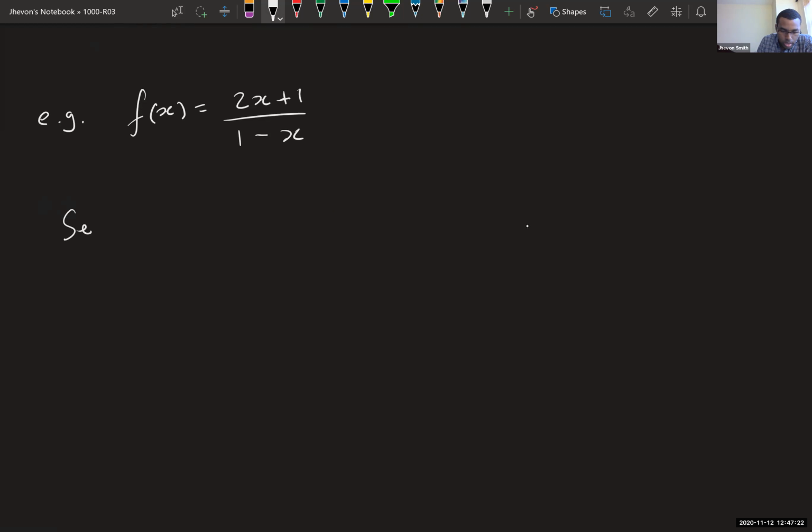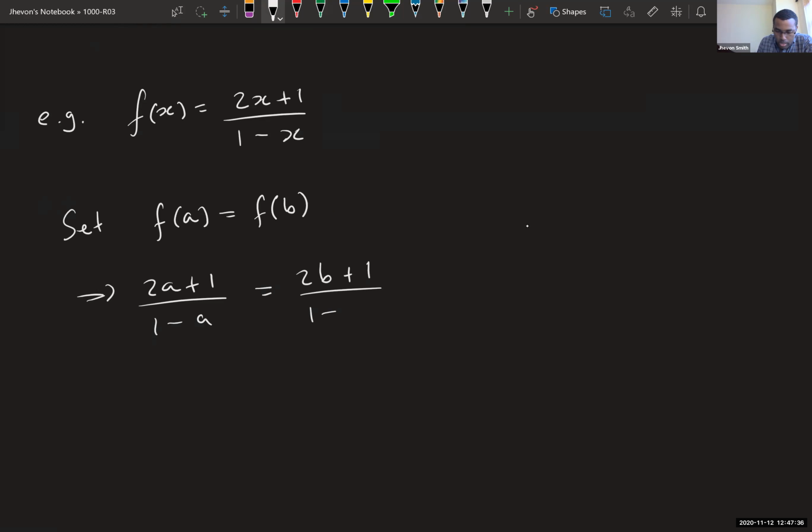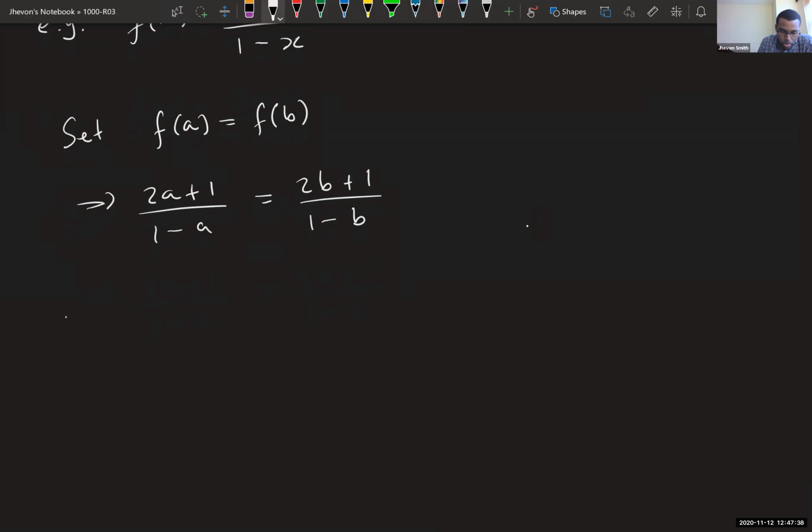So here I would set f of a equals f of b. This would mean 2a plus 1 over 1 minus a is equal to 2b plus 1 over 1 minus b. Now I want to see if, assuming that equation is true, is it necessarily true that a must equal b? Well, we can cross multiply.